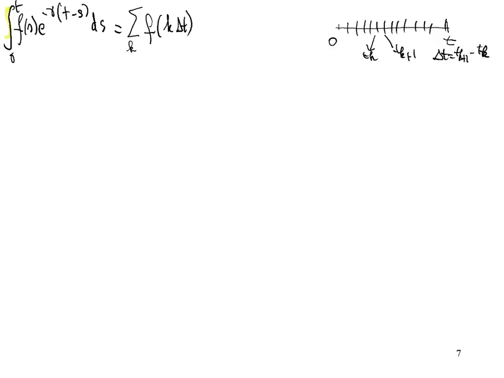And this is multiplied by exponential gamma of t_k minus s, where s is now t_k, multiplied by gamma.